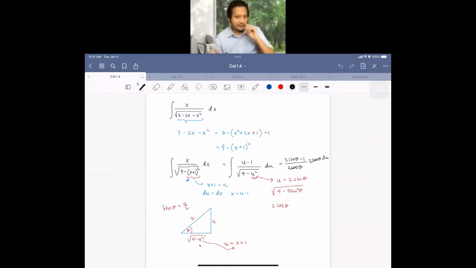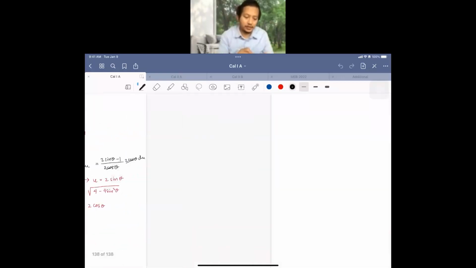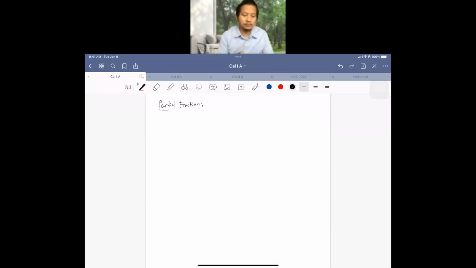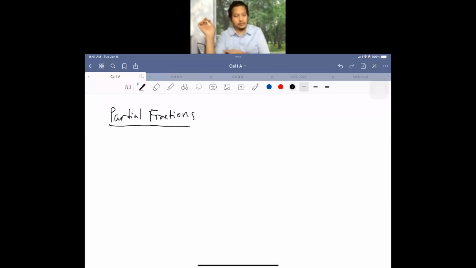Okay. Now the next section will be about the partial fractions. To begin with partial fractions, I will give you just an illustration.